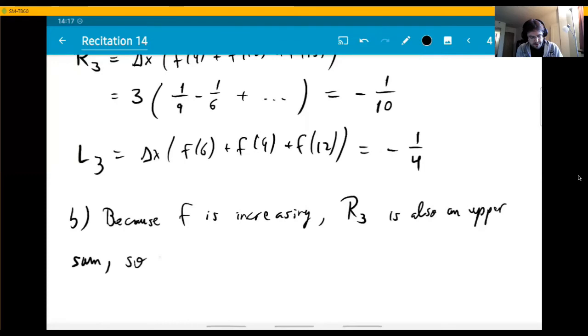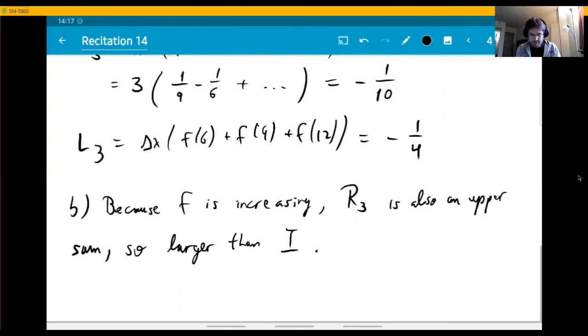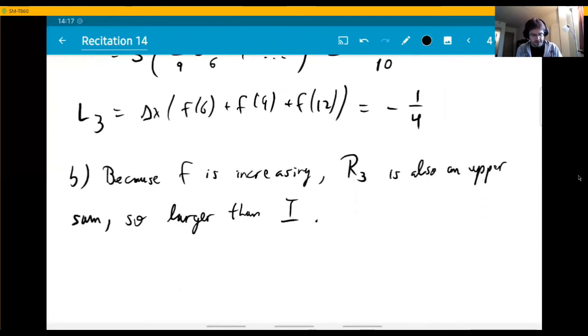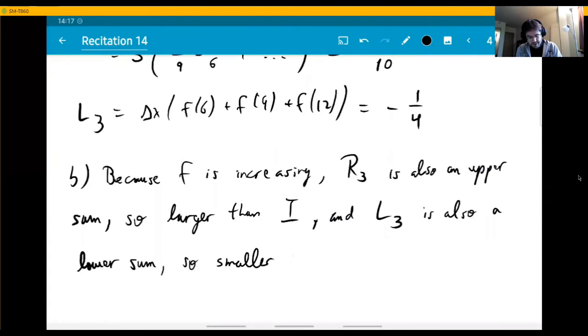So larger than the actual value of the integral, which we called I. So the right sum should be larger. The number minus 1 over 10 is larger than I. And similarly, the left sum, L3, is also a lower sum. So lower sum is also smaller, always smaller.